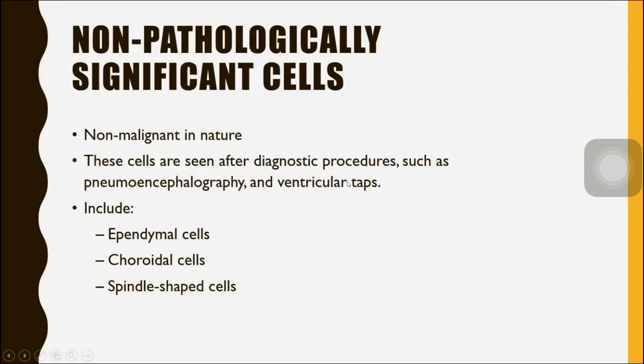Those non-pathologically significant cells include the ependymal cell, which we mentioned earlier, the lining of the ventricles that produces CSF, as well as the choroidal cell, which also lines the choroid plexus but doesn't produce CSF, and the spindle-shaped cell.